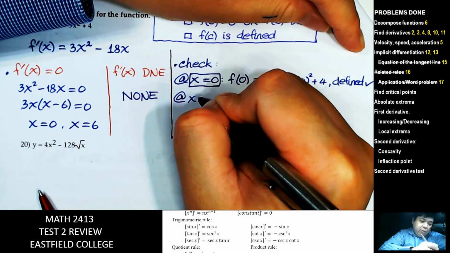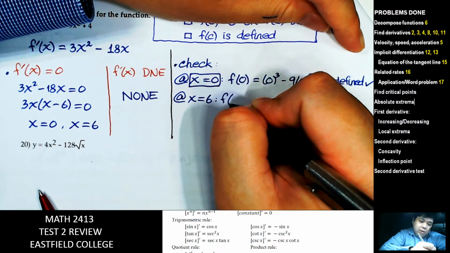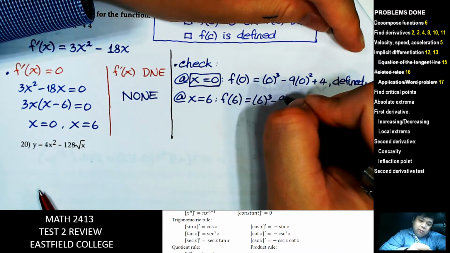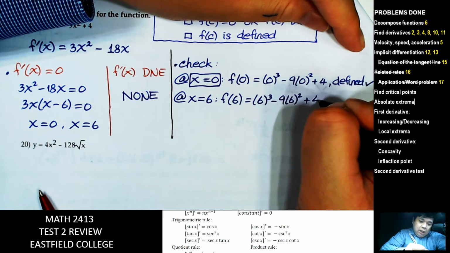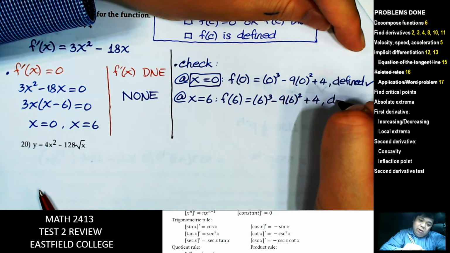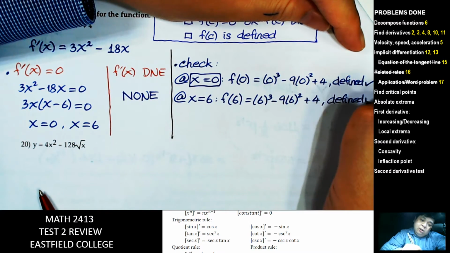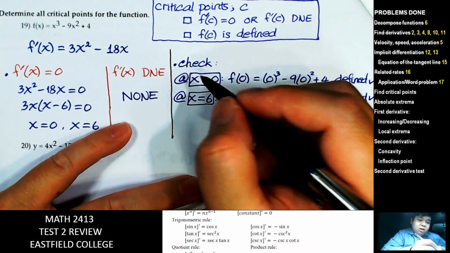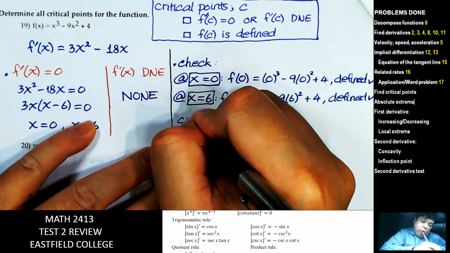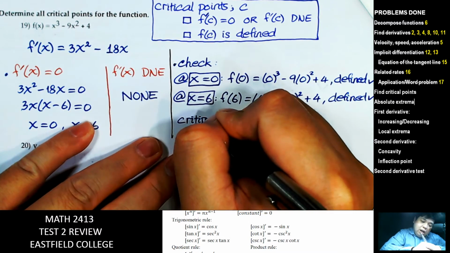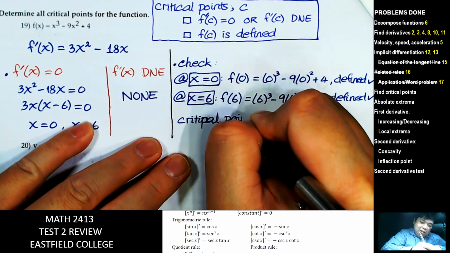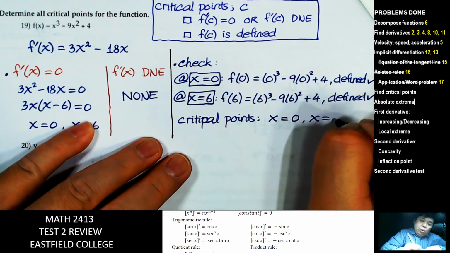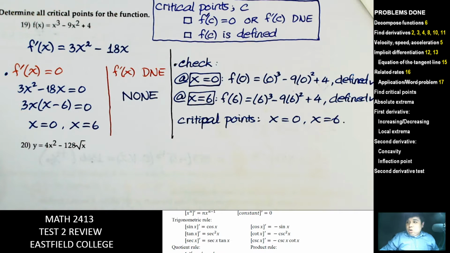Now we check for 6 with the original function. Of course, that's going to be defined as well. So that also checks. So derivative equal to 0 or does not exist, and in the domain. So in this problem we have critical points x equal to 0 and x equal to 6. Right, so that was 19.